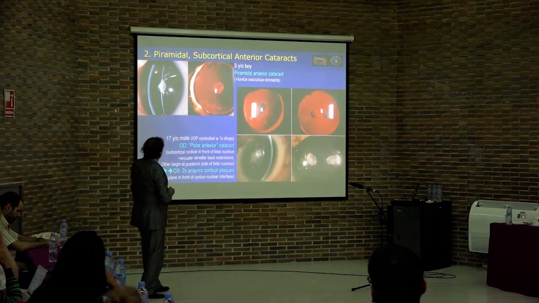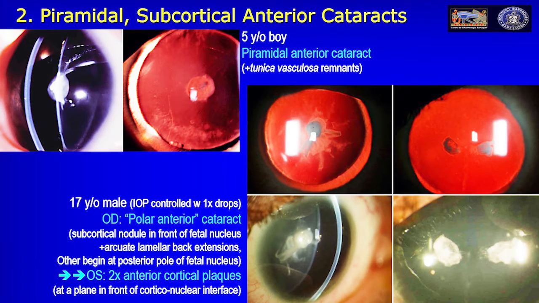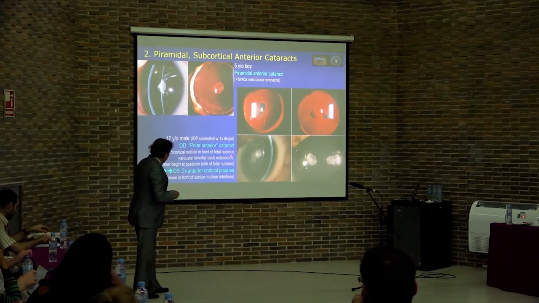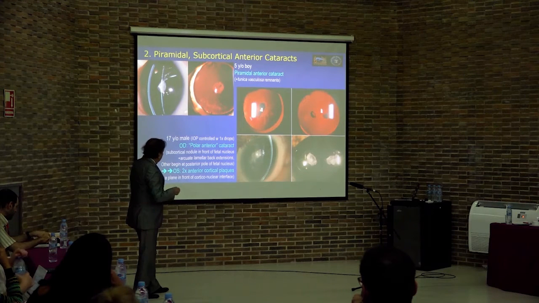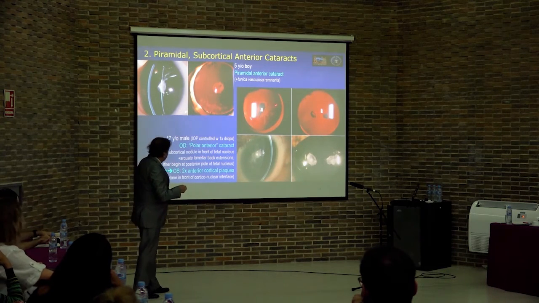We can sometimes have these more developed anterior polar pyramidal cataracts, and sometimes subcortical anterior cataract, in this case in both eyes. One eye of this older male looked polar, but actually was a subcortical nodule in connection with the anterior pole of the fetal nucleus, with these arcuate lamellar extensions.